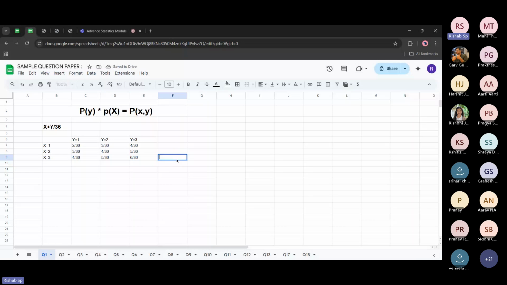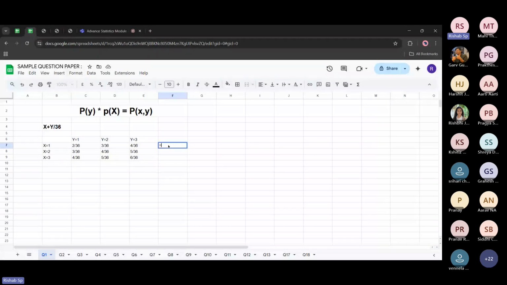So we'll sum all this. We'll find the marginal, I'll do it step by step.